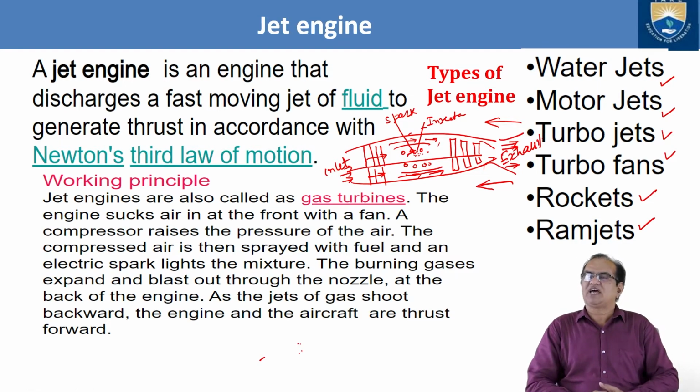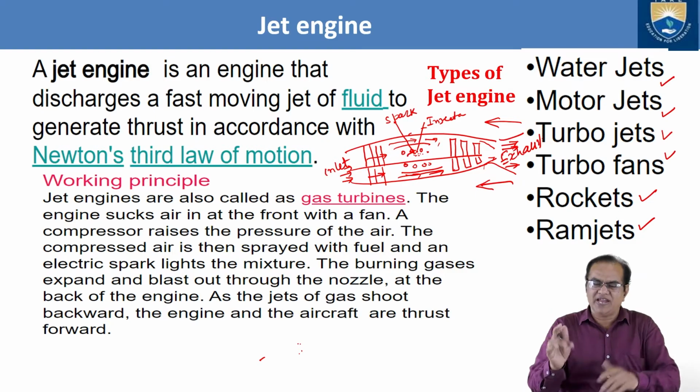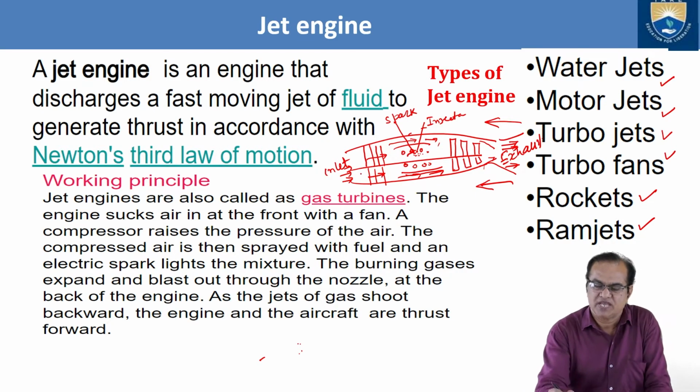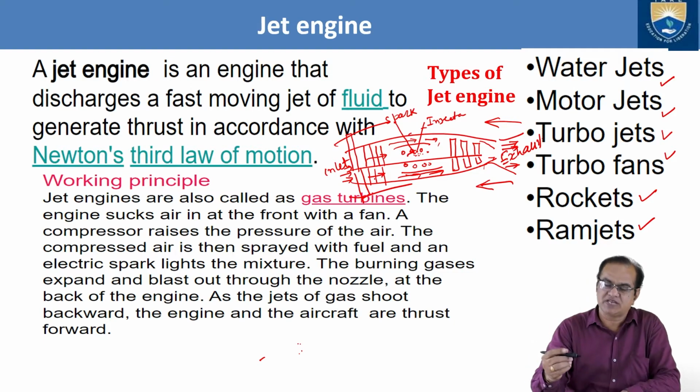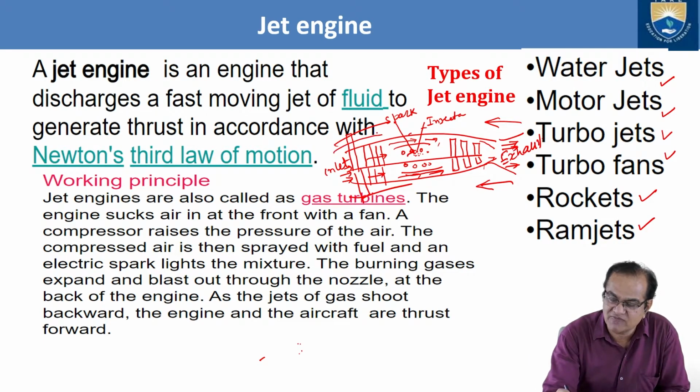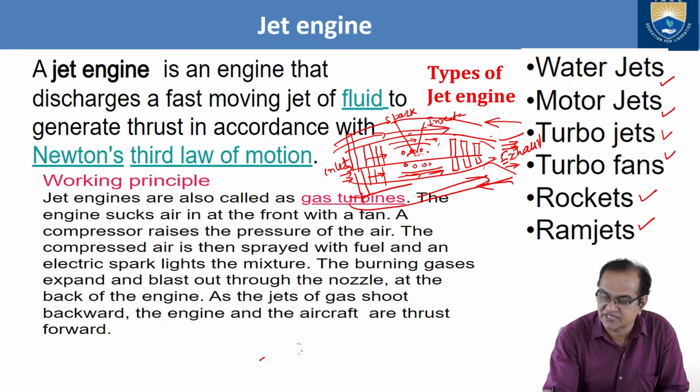If you talk about the turbofan, every item is the same here except that before the compressor, we will have another fan which is much bigger. This bigger fan will rotate with this shaft and some air will bypass from here and join at the exit.